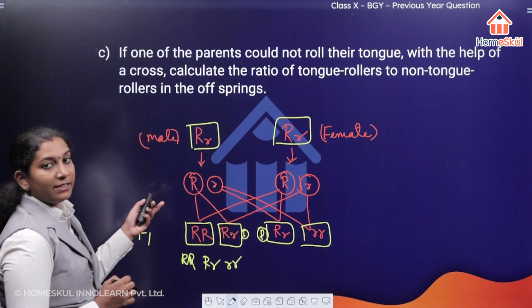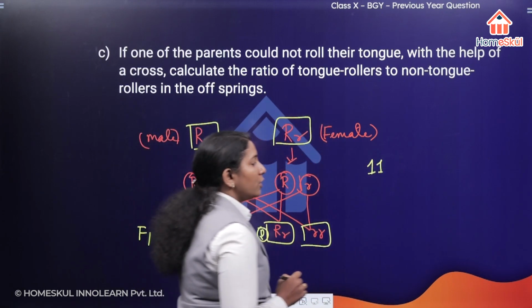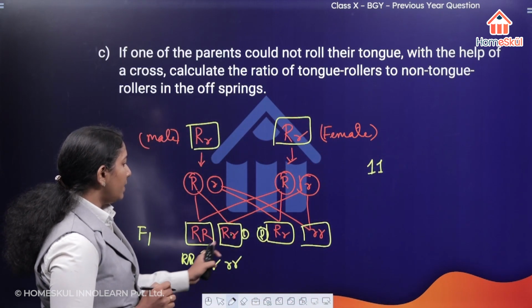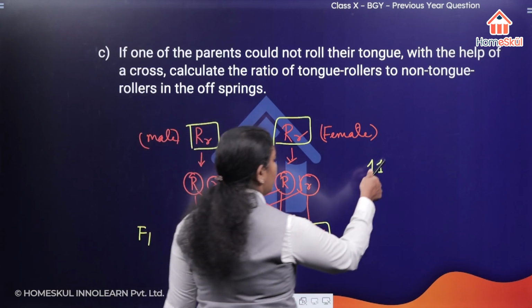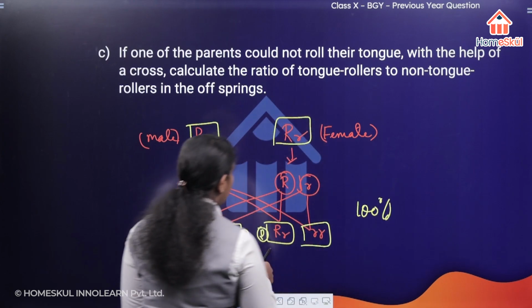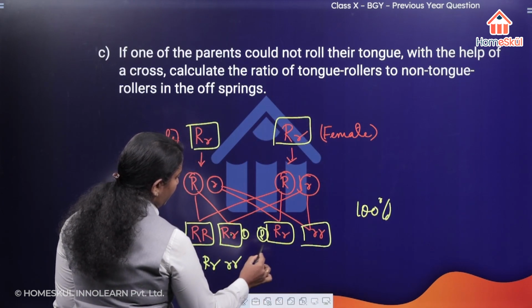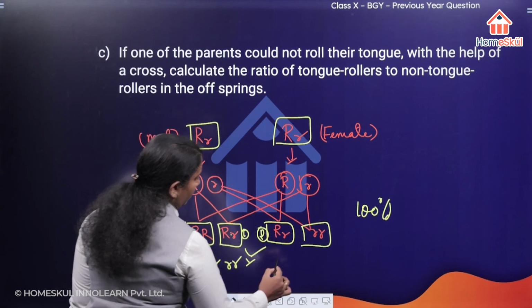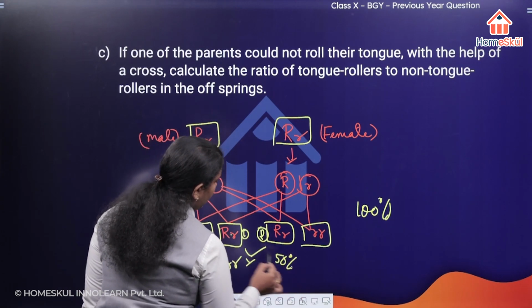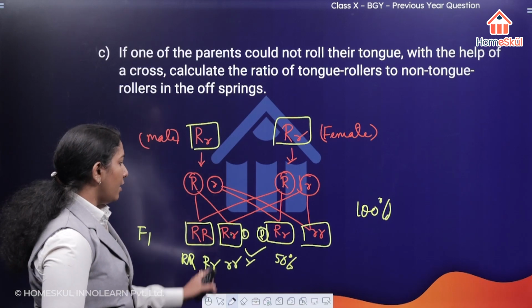Here in this question, a total of four offspring are formed, so we can consider it as 100%. From this 100%, only 50% will show the parental genotype, and the other 50% will be non-parental genotype.